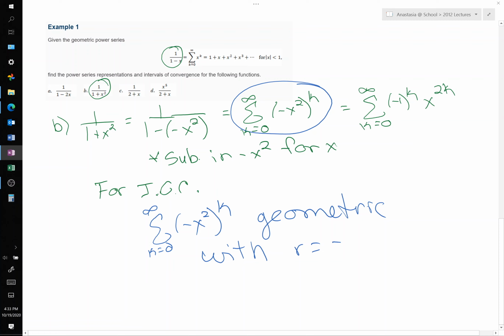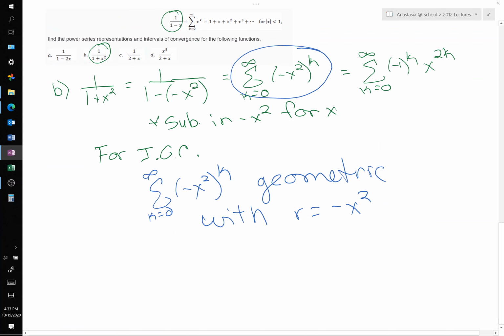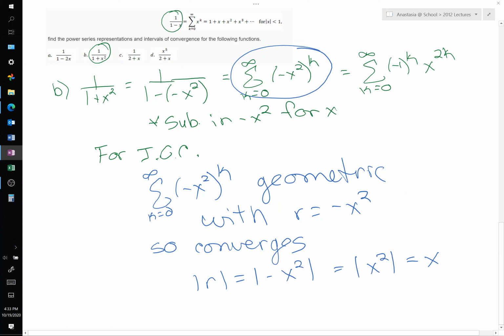Specifically, r is equal to negative x squared. So it converges if the absolute value of r, which is the absolute value of negative x squared, which is just x squared since it's always positive, is less than 1. It converges when x squared is less than 1.